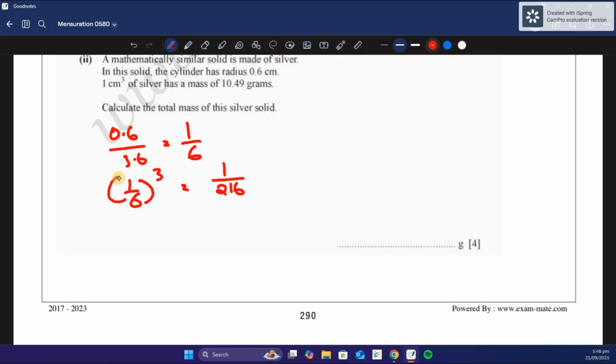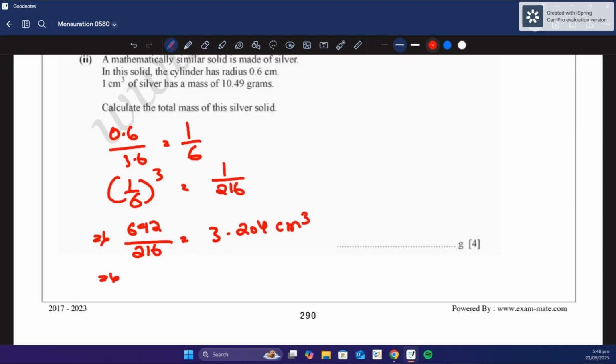All right, now we need to find the volume of the new solid. So its volume would be 692 over 216, which would give us 3.204 cubic centimeters.